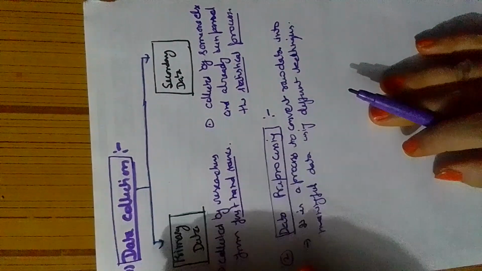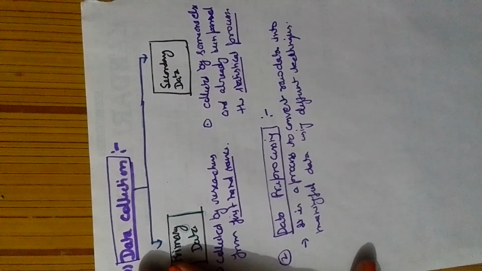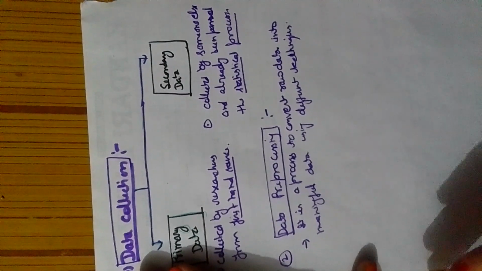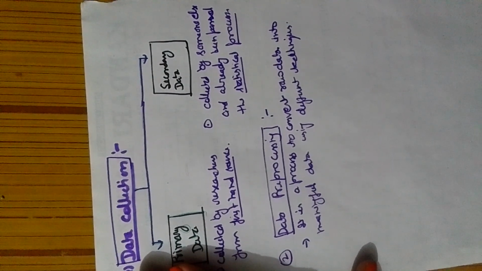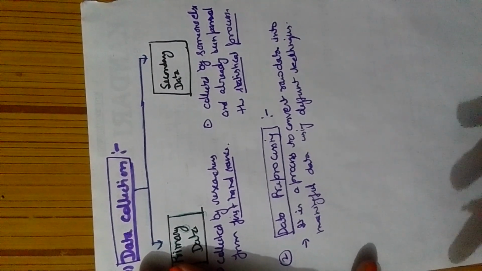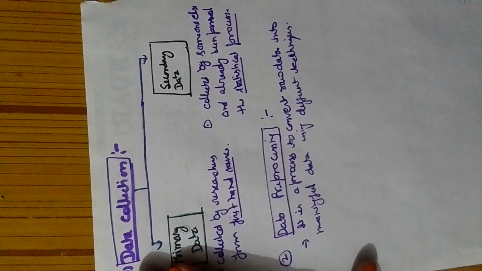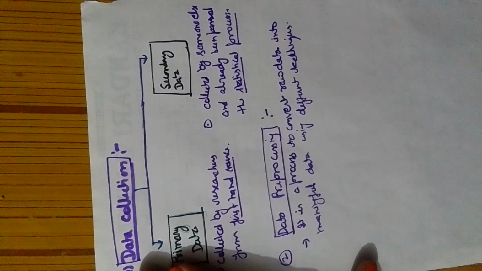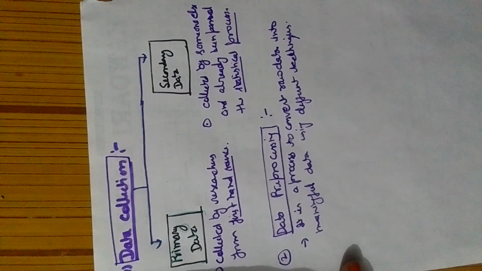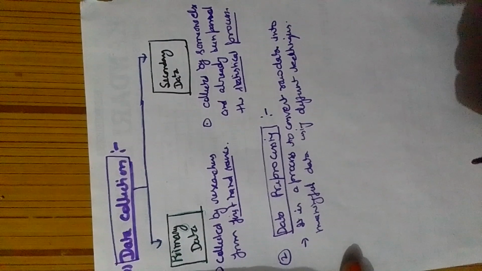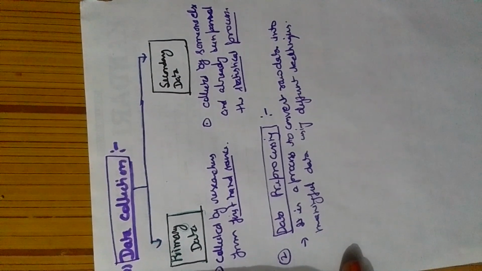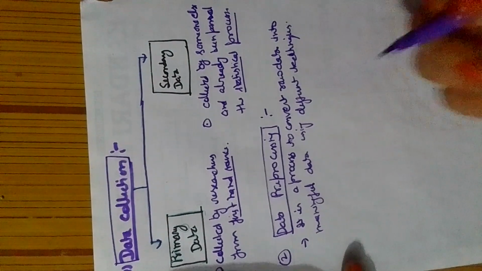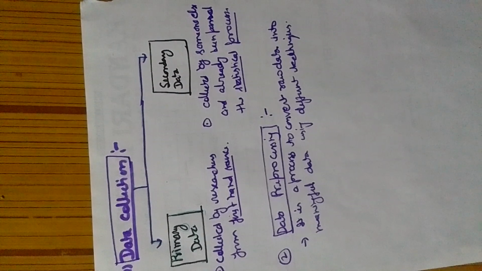So what do we do to convert that raw data into standard data? To convert it, we try to increase the data quality, converting it into a standard format. So we use data pre-processing techniques for that.